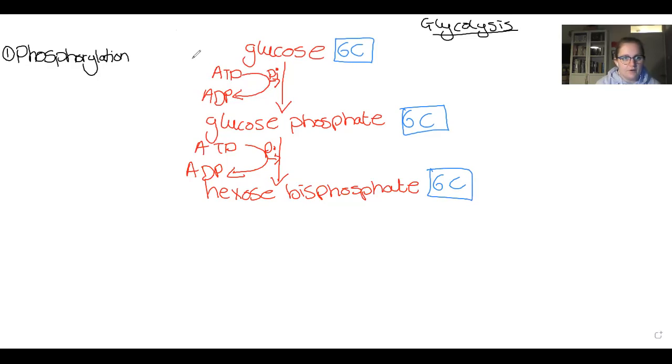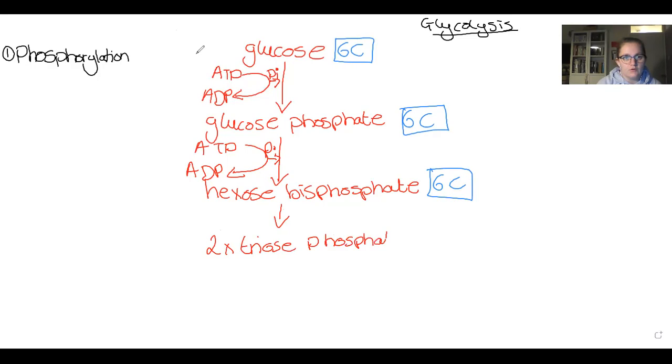The last part of phosphorylation is that our hexose bisphosphate is split into 2 triose phosphate molecules. So now we've got 2 lots of triose phosphate.